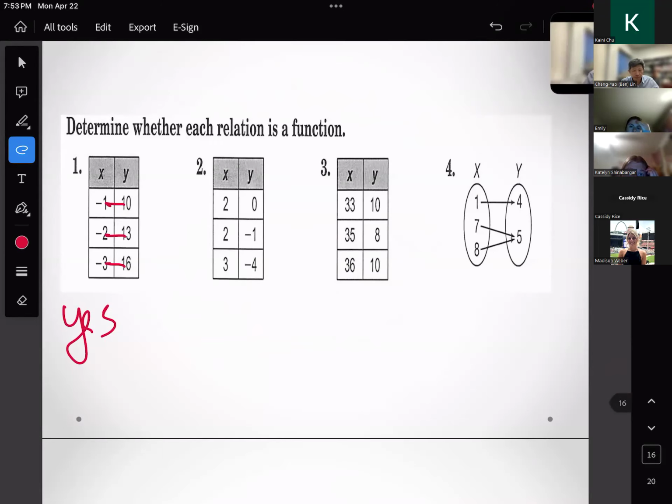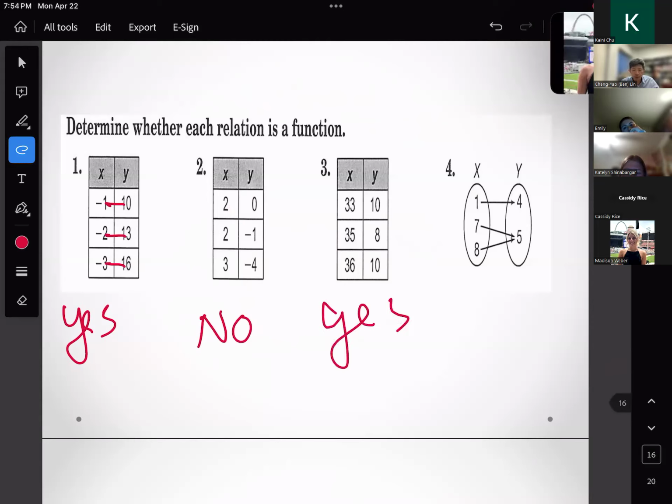No. Why? Because 2 has 2 outputs. Yeah, it has 2 outputs. So this one is no. Very good. You have a good eye. Number 3, yes or no? Yes. Number 4, yes or no? Yes. Even though they have the same answer, it's still okay. If you look at the graph, still okay. So this is a function, okay?